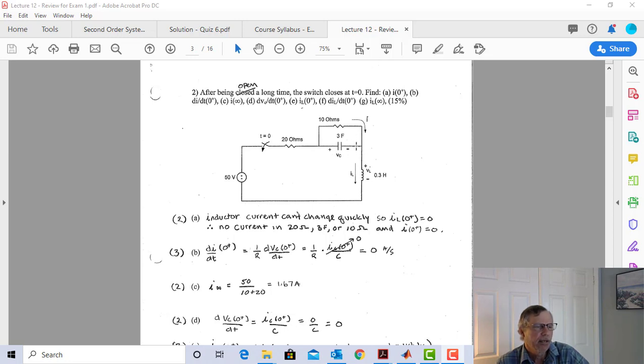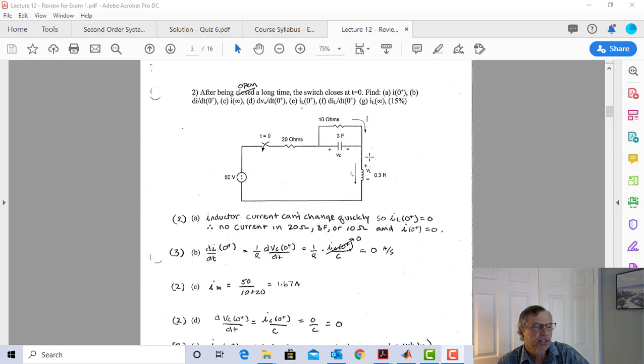And I know that I have no current here because the switch is open. I have no current here because there's no current through a capacitor at steady state, because remember we're at t equals 0 minus. No current here, no current here. That means no current here.